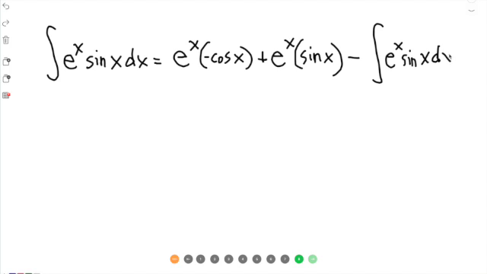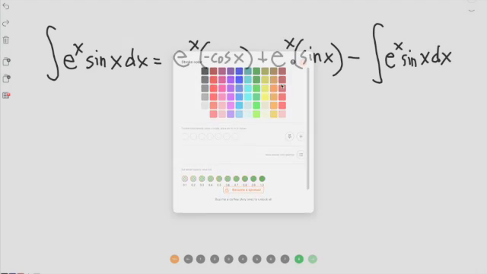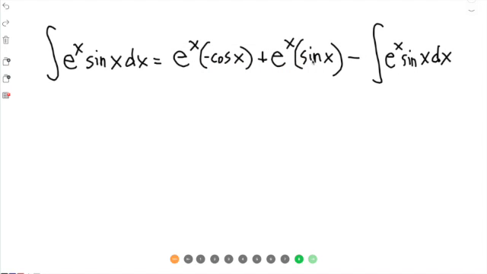So what we need to do here is just transpose this one to the left side. So now we are left with 2, so this will become positive. So that's the integral of e to the x sine x dx, so twice that.